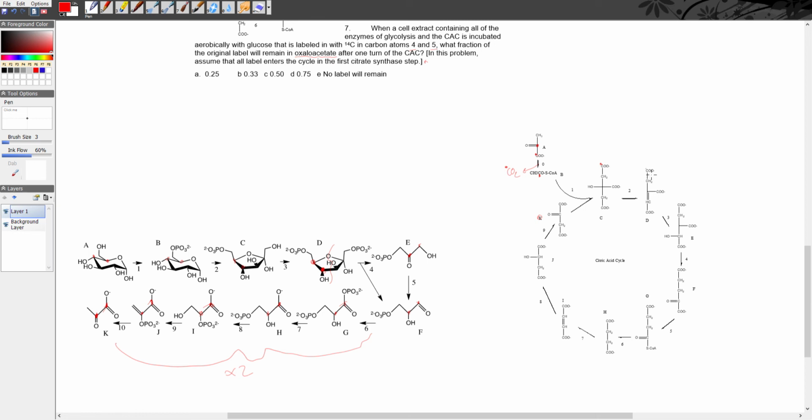Okay, and then I can just follow this around. Notice things are happening. There's an isomerization occurring, but everything's still the same. Notice here we lost a CO2. See, the one that was here is now gone. There's 1, 2, 3, 4, 5 versus 1, 2, 3, 4, 5, 6. So we lost a CO2 there, but that was not the one we tagged, so we're good. The one that's tagged is still right here.